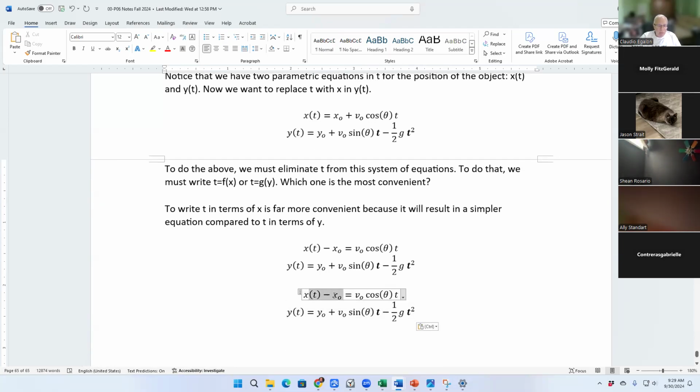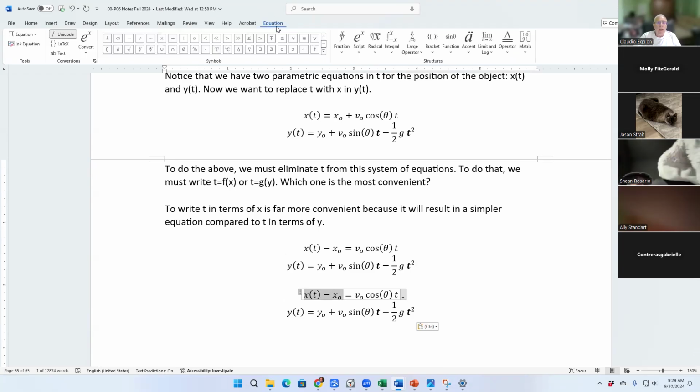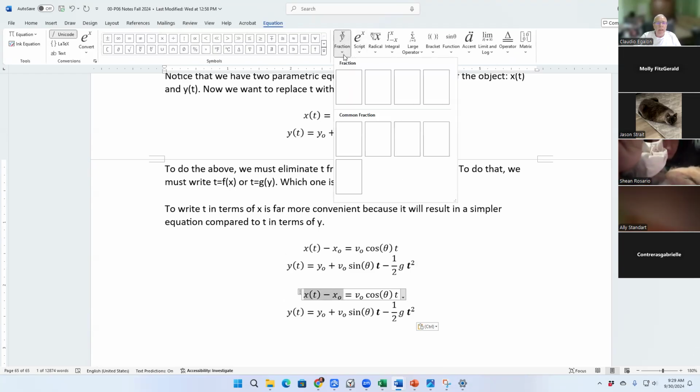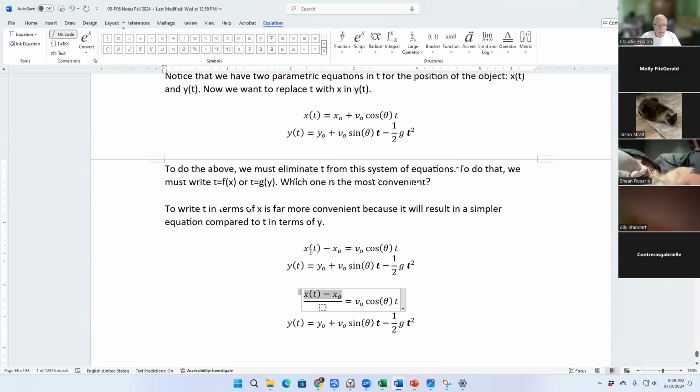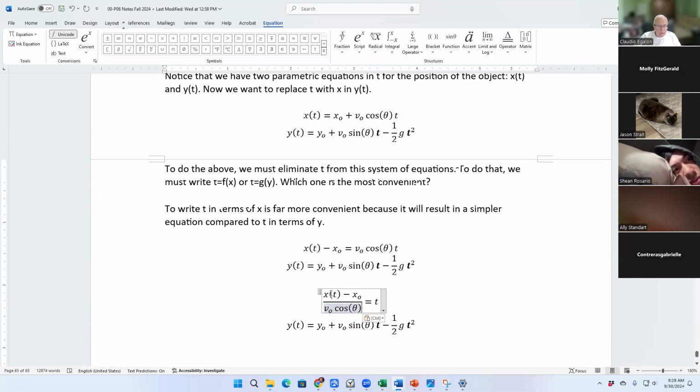The next step to solve for t is to divide by v naught cosine of theta. And now x is no longer a function of t, right? Well, it's still a function of t, yes, but we don't need to carry it. So here you go. That's what I want.